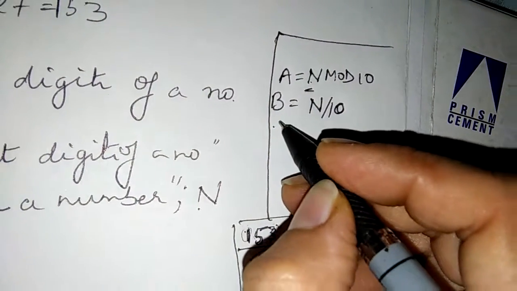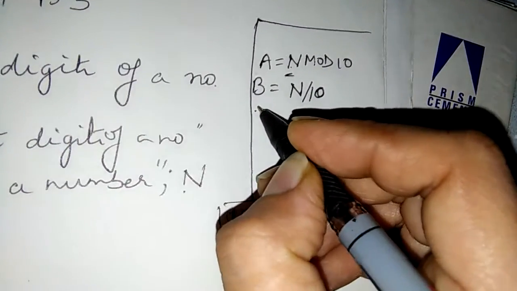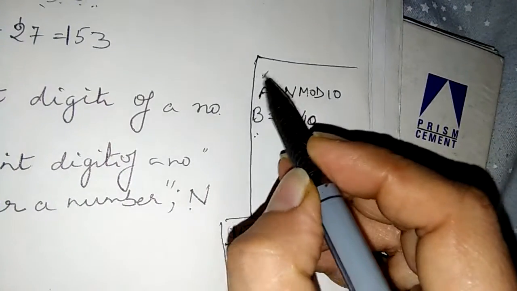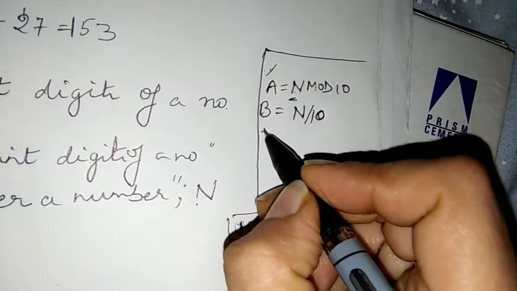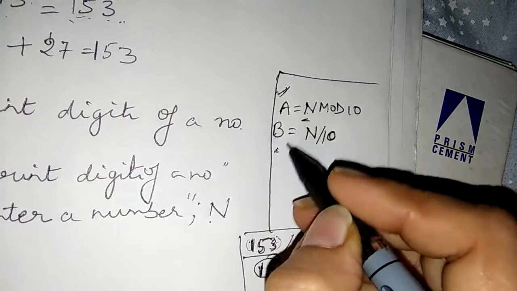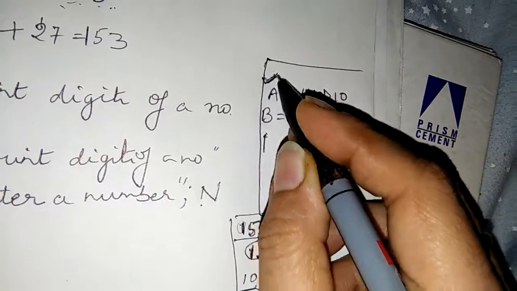And then I will get the digit in A, that I will process. Whatever I have to do, I will process that digit.